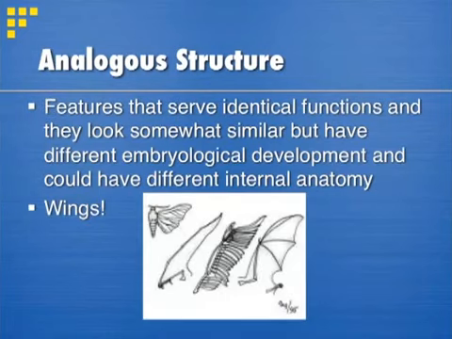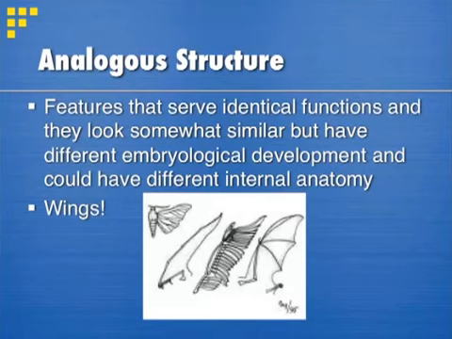Now, analogous features are actually ways to show that things are not related, but that the environment influenced that one structure. So they serve an identical purpose and look similar, but have different development and different internal anatomy.